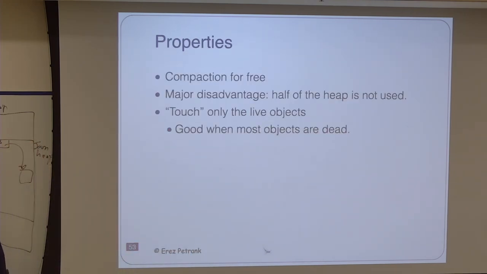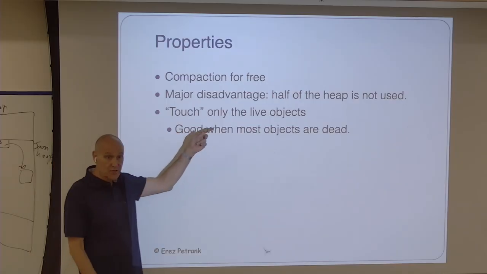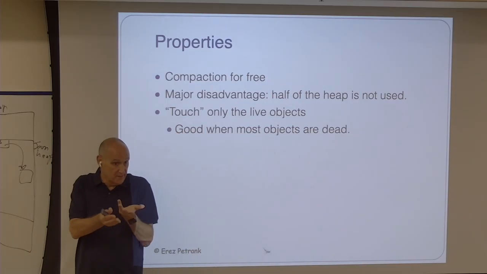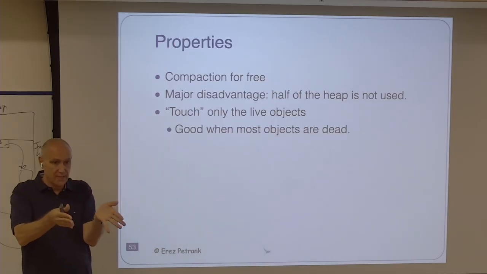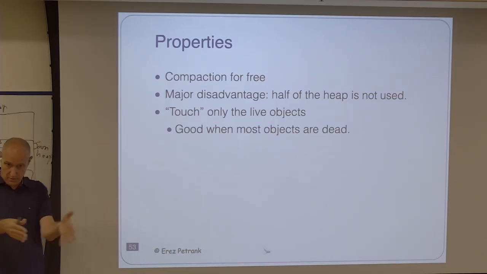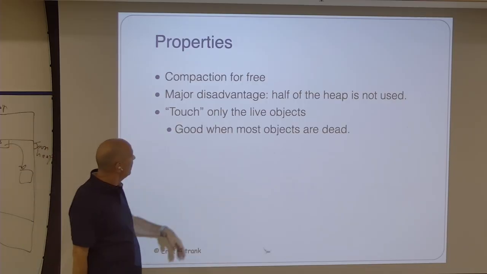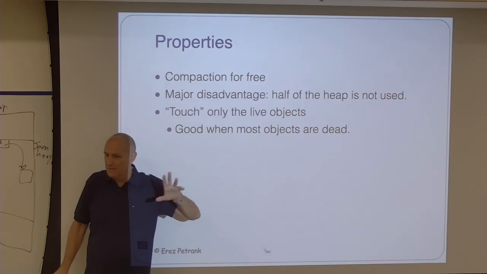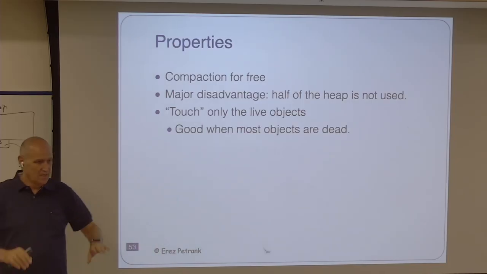Okay. So the properties: you get compaction for free because you copy the reachable objects to the beginning of the reserved space, and so they're just compacted. But the major disadvantage is that half of the heap is wasted, and this is what bothered you.